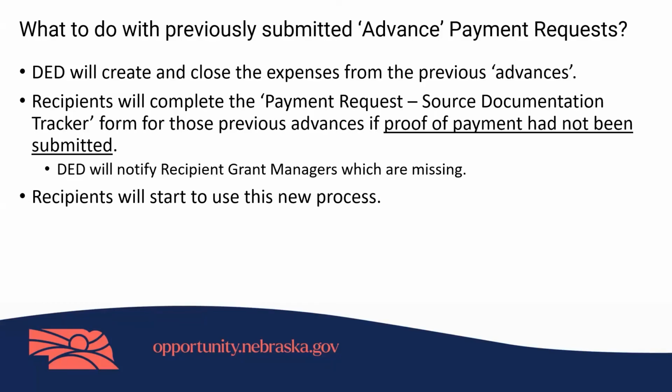We will notify the recipient grant manager on which ones those are. This notification will happen probably in May. It could go into June as we're working through this process, award by award.